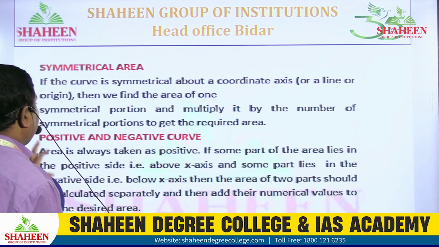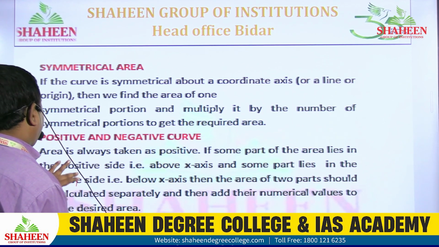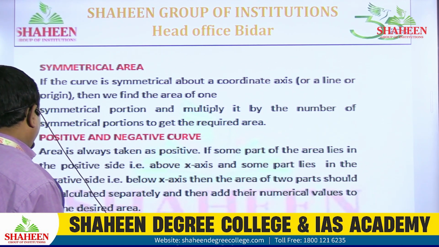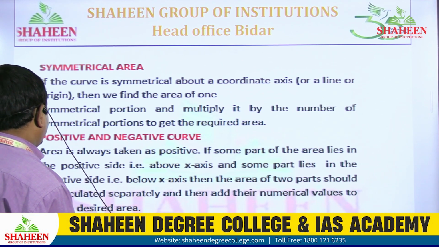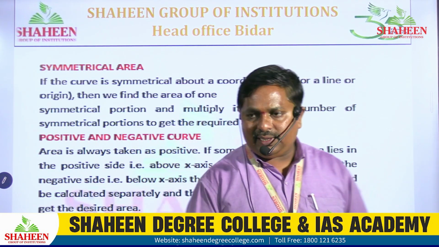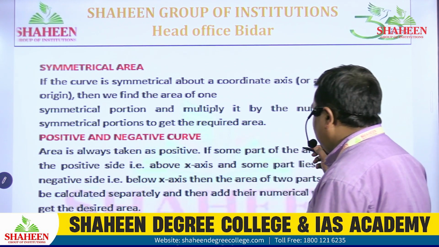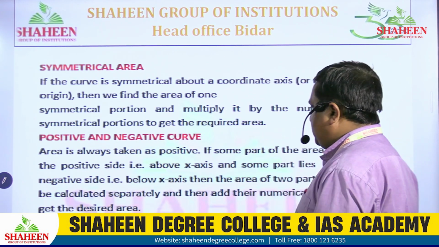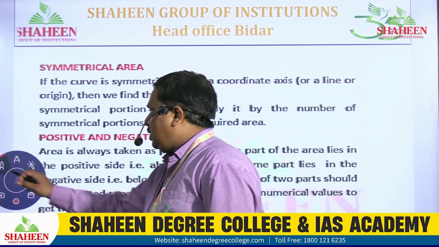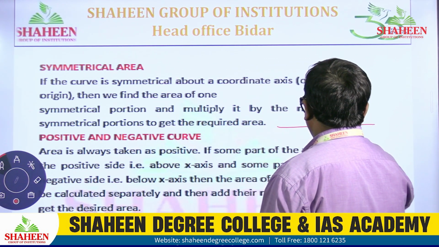Next, the positive and negative curve. Suppose we have positive and negative curves here. The area is always taken as positive. For example, we have the curve equation of sin x, and the sin x curve diagram is like this.